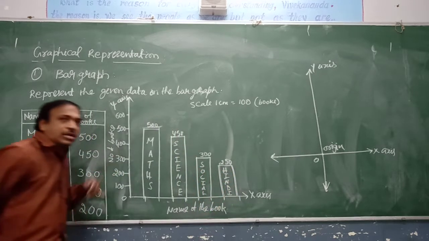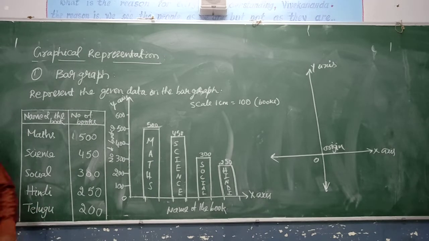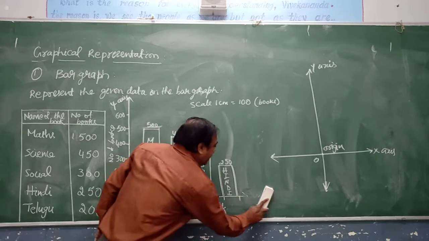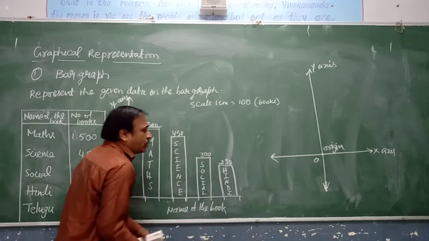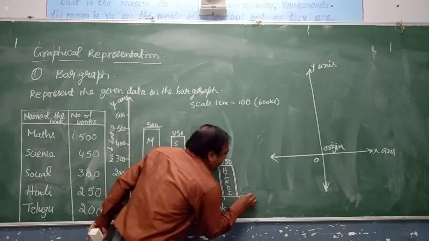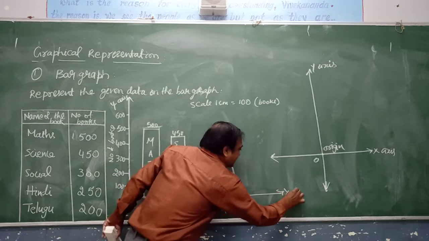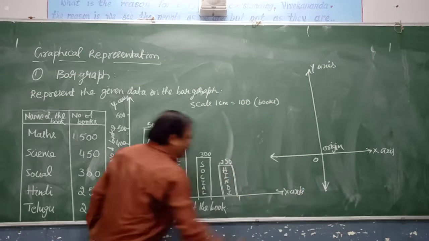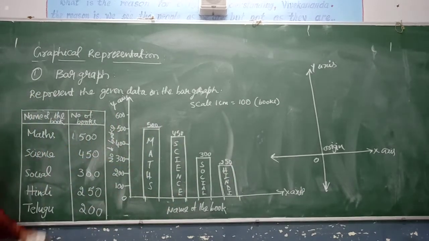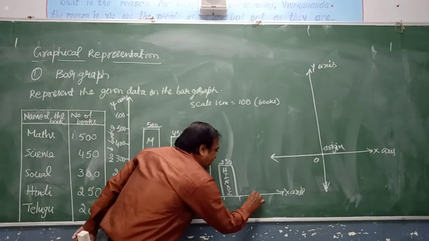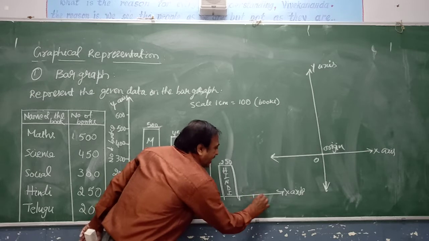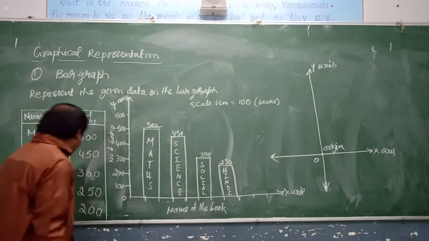But we have one more column, that is one more book, Telugu. We extend the horizontal line, this x-axis, because we need to represent another book, as the place was not sufficient. Now Telugu books, 200 we have. Leave the uniform width and represent Telugu books, that is 200.